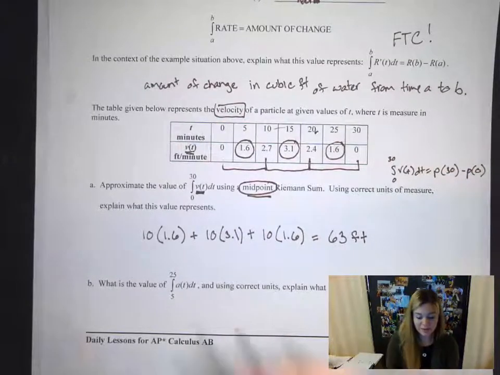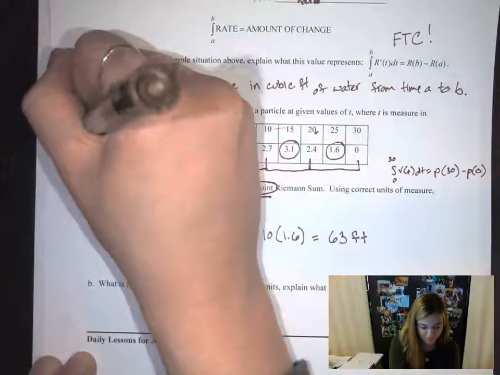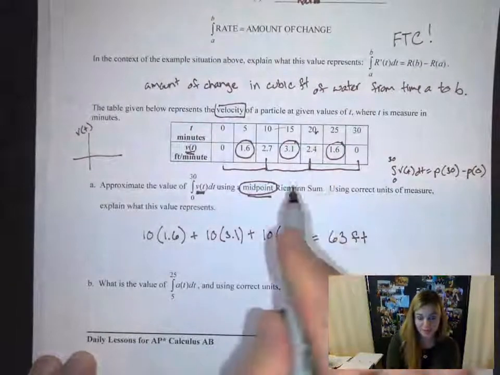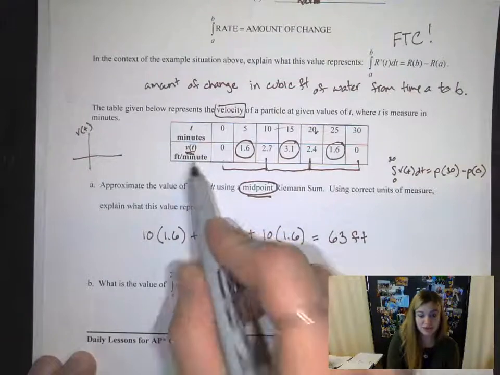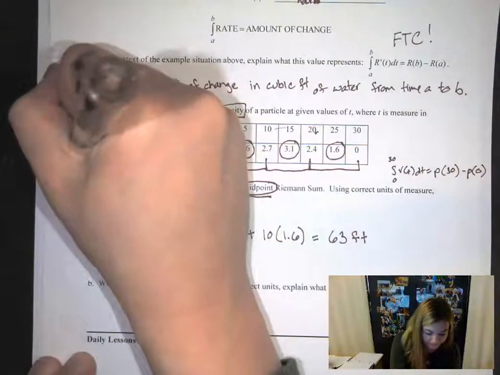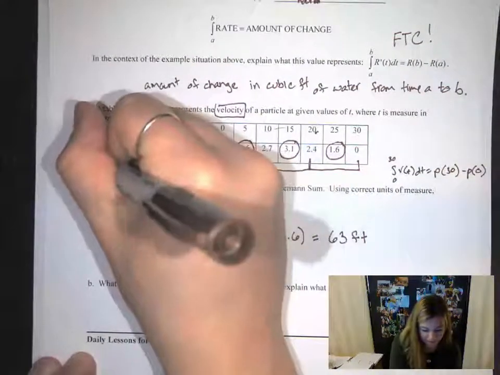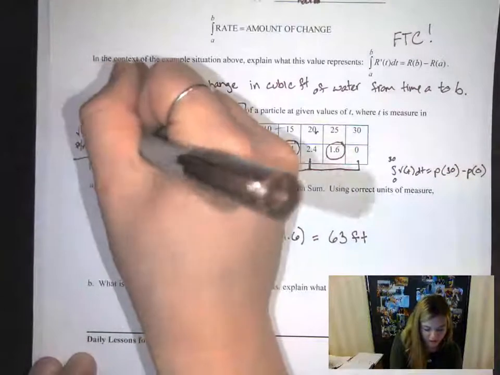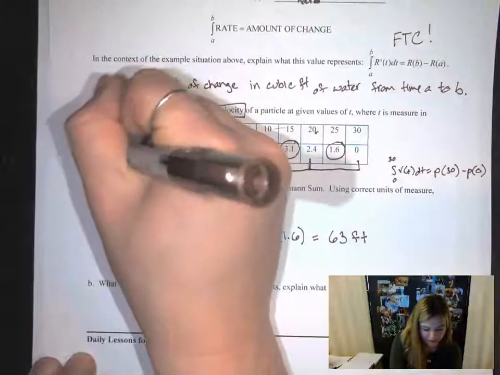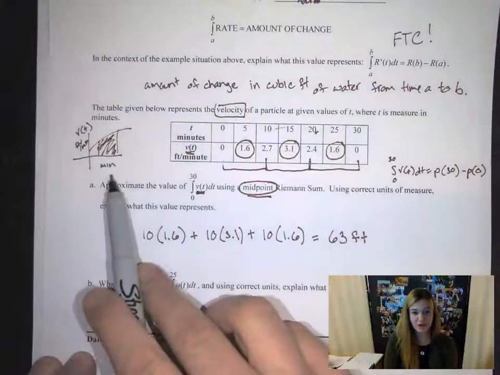You can also think of it like this. If you have a graph of v of t, I'm not going to use these exact numbers, I'm just going to say this is v of t, and I can see that the y-axis is measured in feet per minute, and the x-axis is measured in minutes. If we have any curve, and I find the area under the curve from, let's say, some a to b, let's think about what units would be on here.